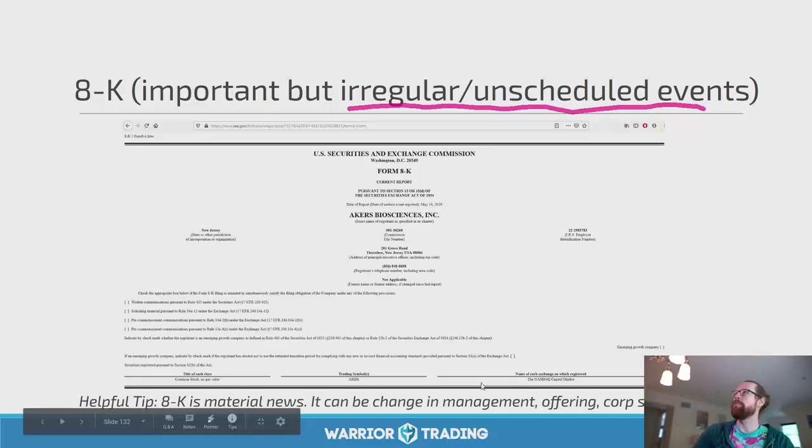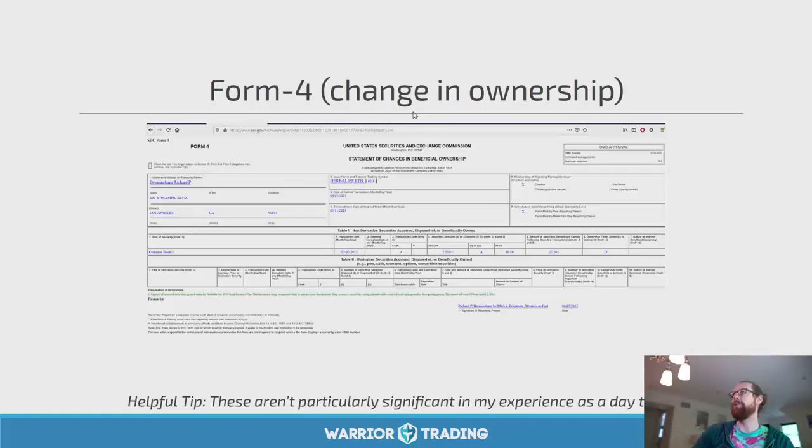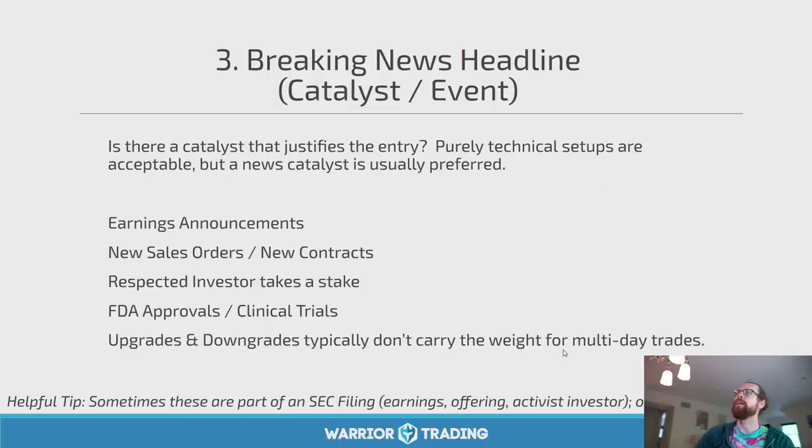So it can be a change in management, corporate structure, and so forth. Form 4 is a change in ownership. These usually are not particularly significant. We see them a lot, but they're just saying this person made an acquisition of stock, buying or selling. It's often when the CFO or the CEO buys or sells stock as part of their stock options plan.